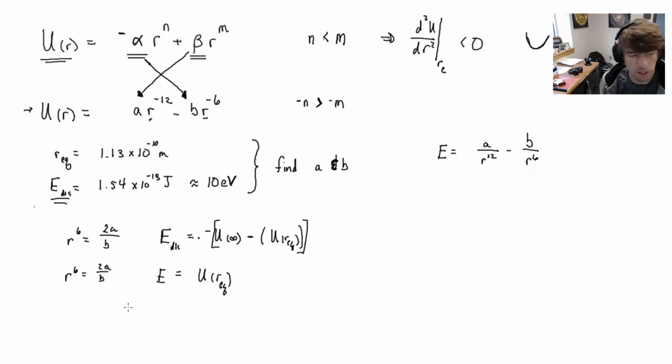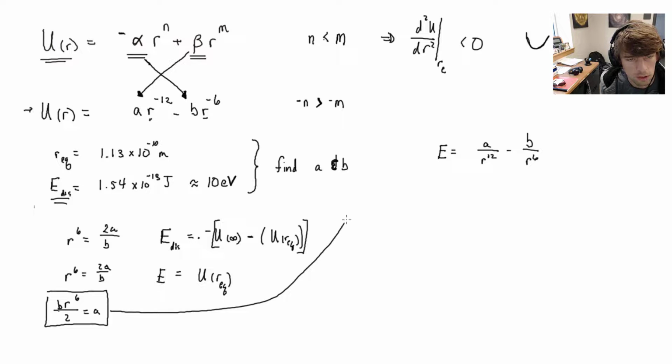I'm just trying to figure out some fancy way of doing this. I guess what we'll do is take r to the 6th times B divided by 2 is equal to A. We'll go ahead and sub it in right here. So we get E is equal to B over 2 r to the 6th, divided by r to the 12th, minus B over r to the 6th.